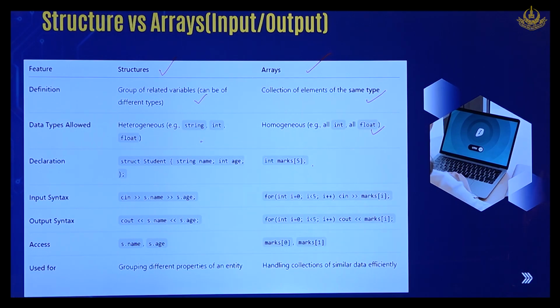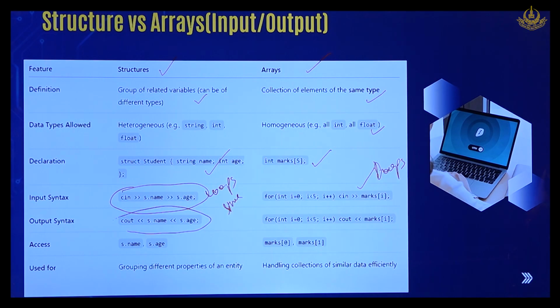The basic declaration is like so for arrays and like this for structures. When we take the input for the structure, we can do it within the same line, and similarly for arrays, but because arrays can be traversed with loops, we can use loops with arrays, but we cannot use loops with structures. So that is one difference.